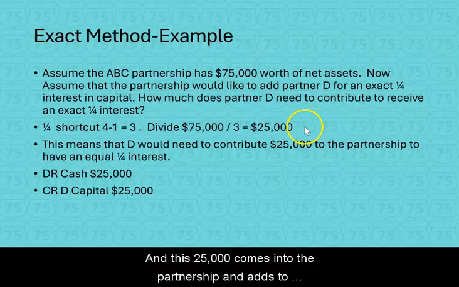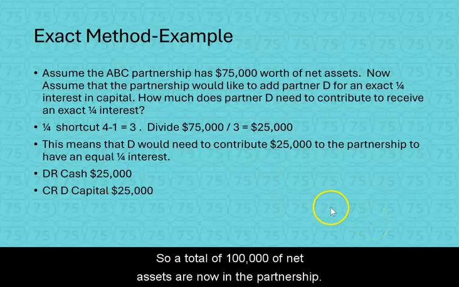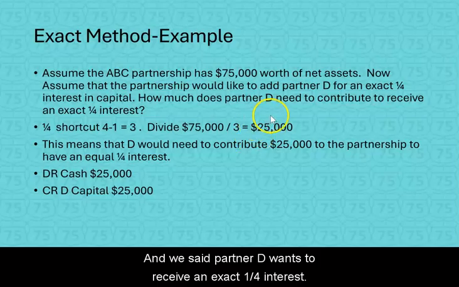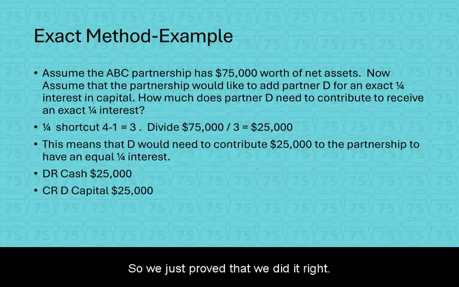And this 25,000 comes into the partnership and adds to the 75,000 that's already there. So a total of 100,000 of net assets are now in the partnership. And we said partner D wants to receive an exact 1/4 interest. And what's exactly 1/4 of 100,000? 25,000. So we just proved that we did it right.